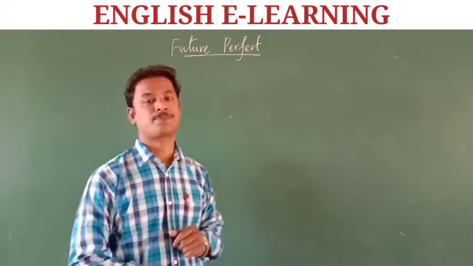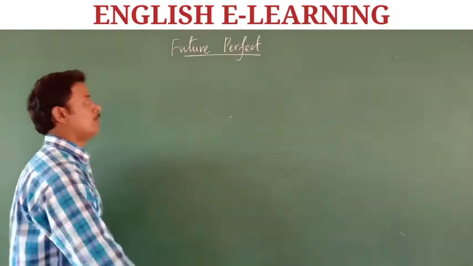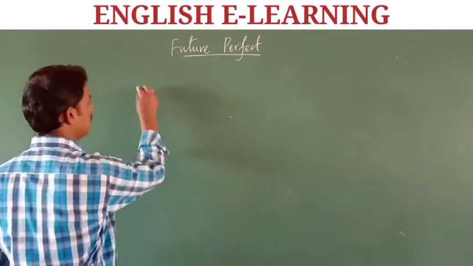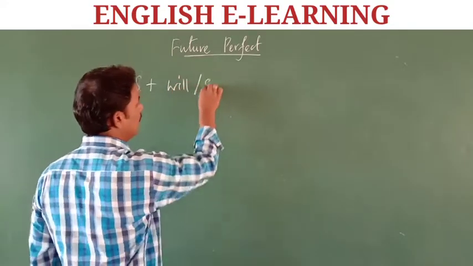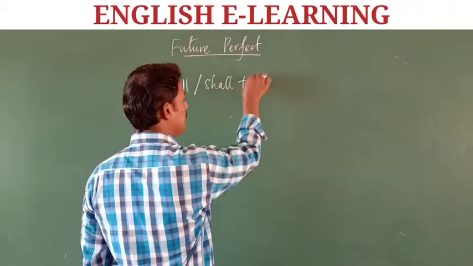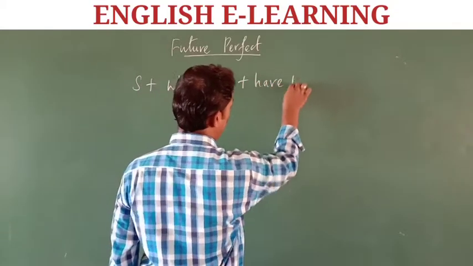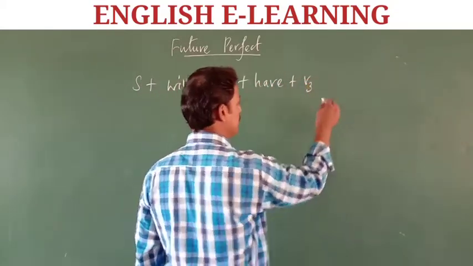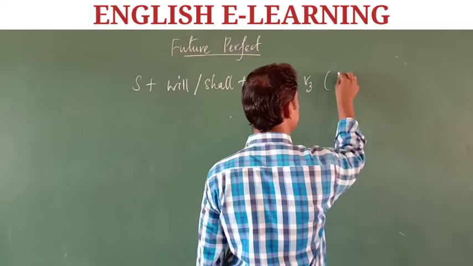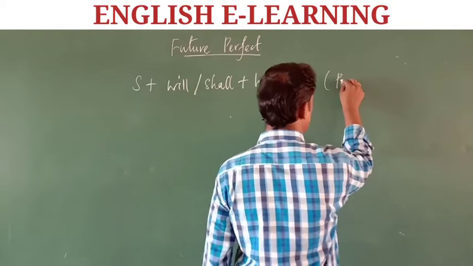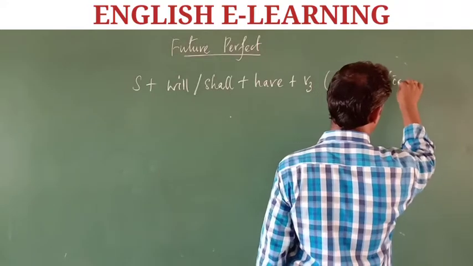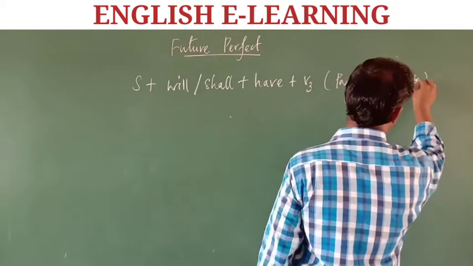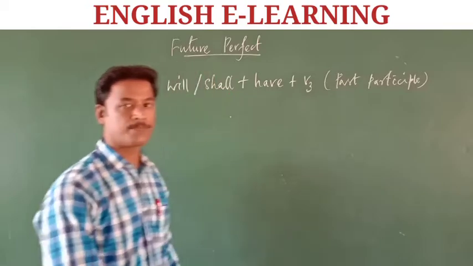Let us see the formation for this future perfect. Subject plus will or shall plus have plus verb 3, that is past participle. Okay, right.